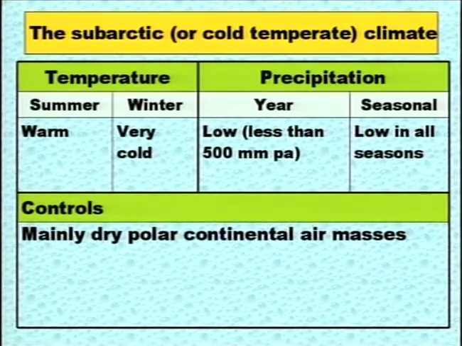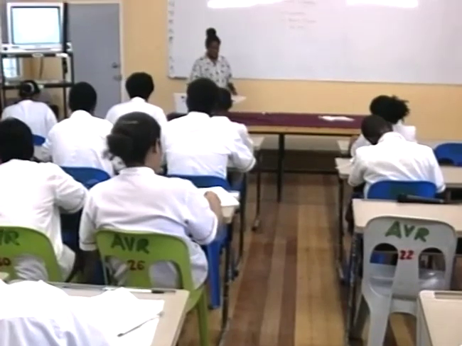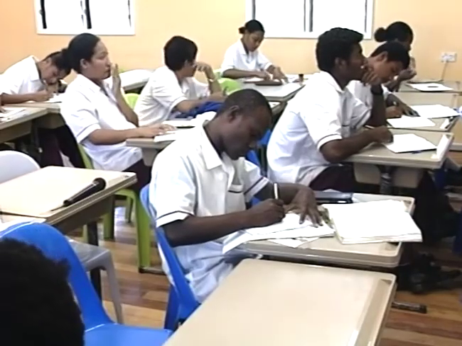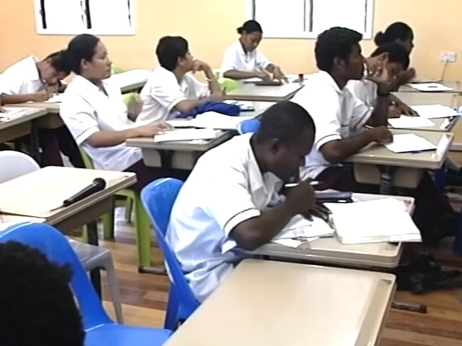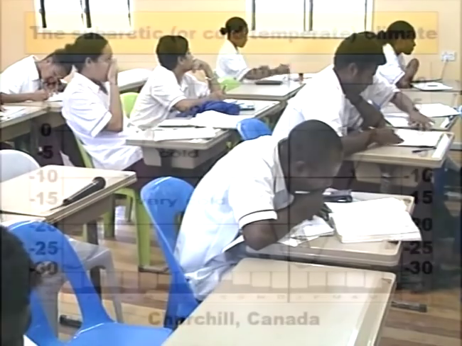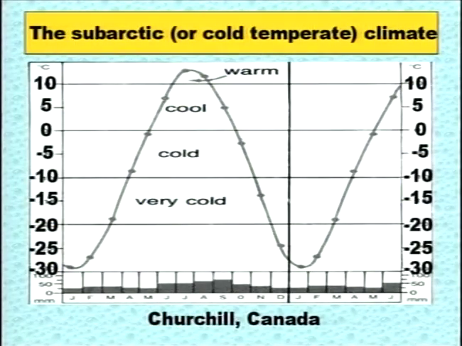The second of the polar climates, this time we're moving to the Arctic or the tundra type climate. But before we do that, let's look at a sample of the climograph for Churchill, Canada. Remember it was said that this type of climate has 6 or more months of the year where temperatures are below freezing.